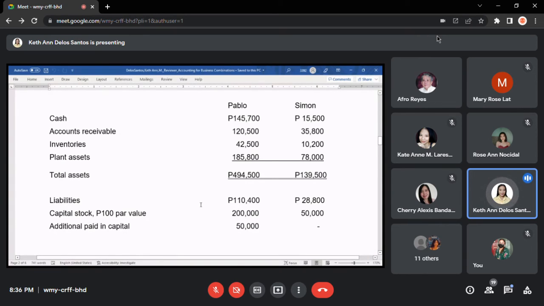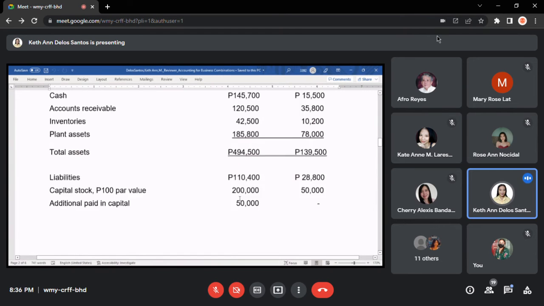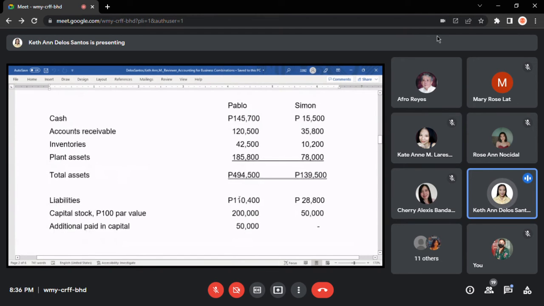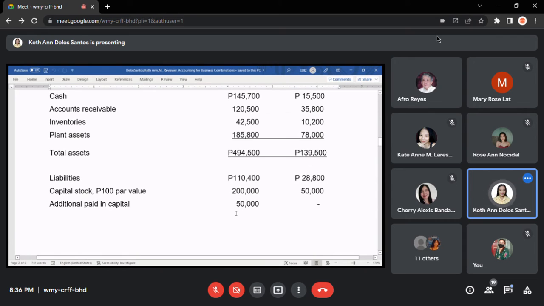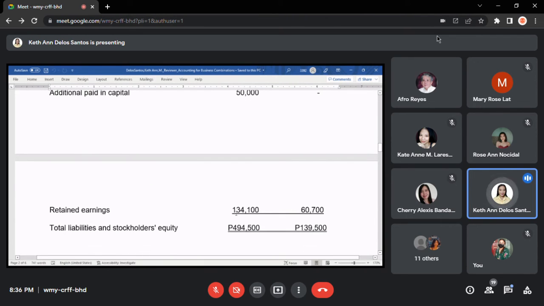Liabilities of Pablo, 110,400. Capital stock with a par value of 100 pesos is equals to 200,000 pesos. Additional paid in capital, 50,000 pesos. Retained earnings of Pablo is 134,100 with a total liabilities and stockholders' equity of 494,500.